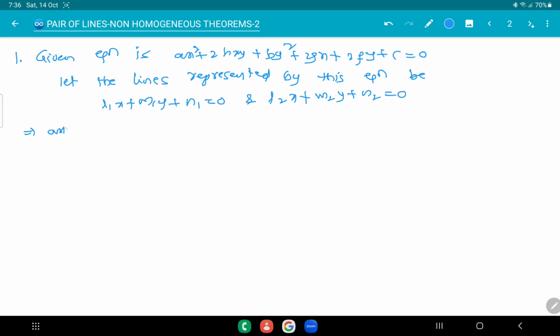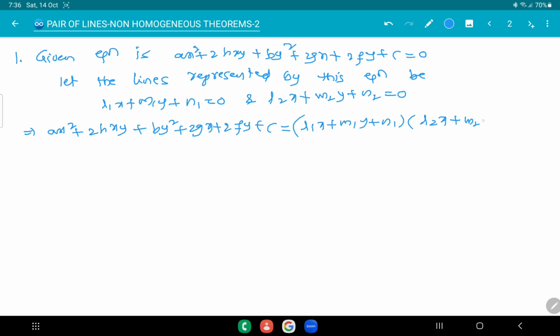That implies that if we multiply those two equations, we have to get the bigger equation: ax square plus 2hxy plus by square plus 2gx plus 2fy plus c is equal to L1x plus M1y plus N1 into L2x plus M2y plus N2.